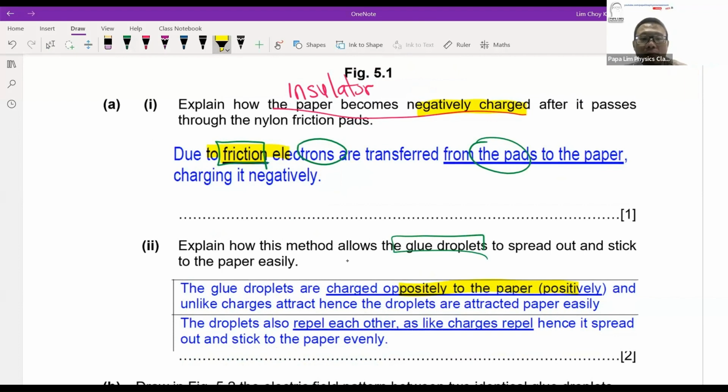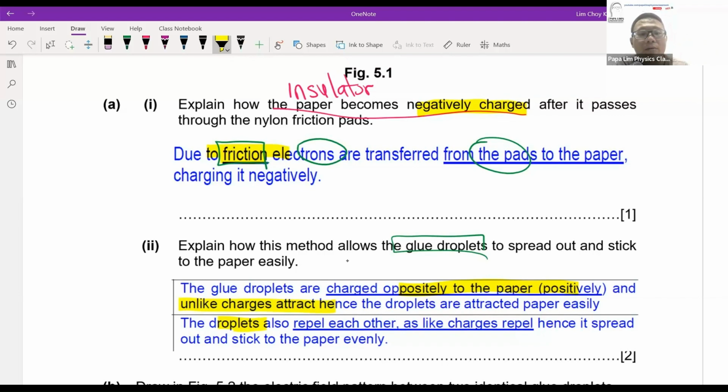And why does it do so? It is because of unlike charges. Because of unlike charges, the glue attracts to the paper much more easily. Similarly, the other advantage of using positively charged glue and a negatively charged paper is that the glue droplets, because they have the same charge, will not form multiple layers on each other.